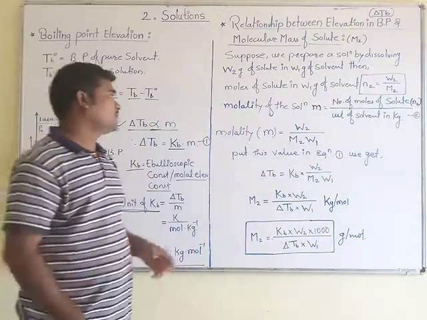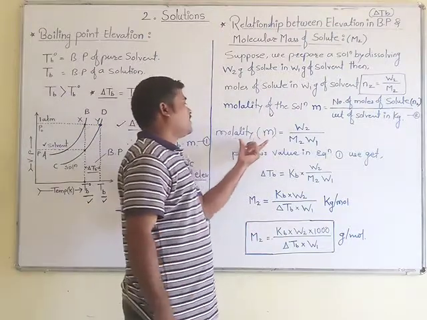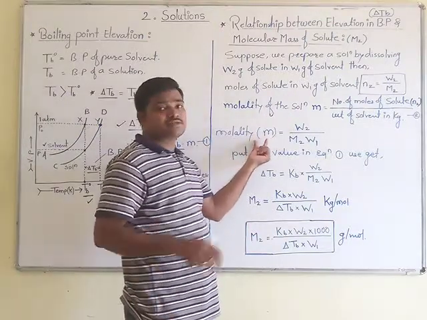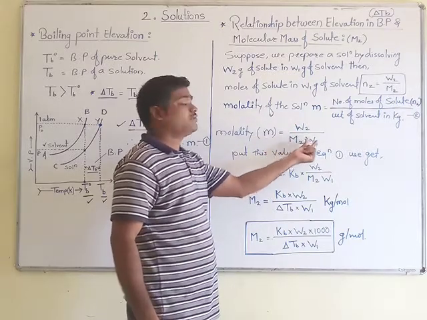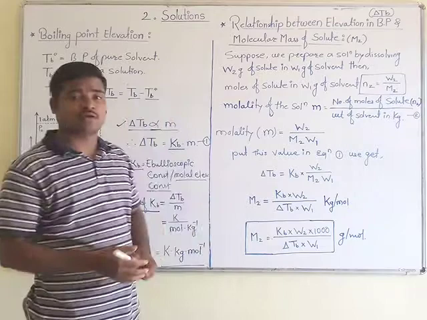So the equation for molality is m is equal to W2 upon M2 multiplied by W1.